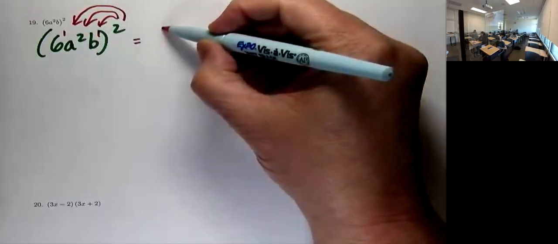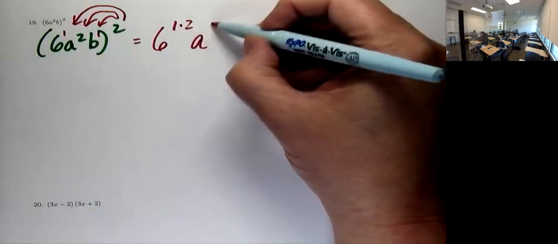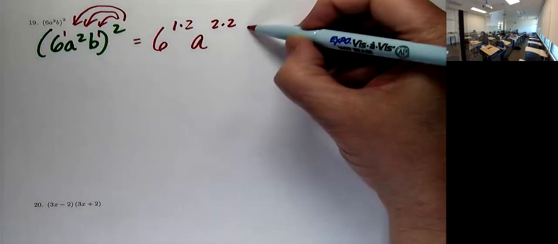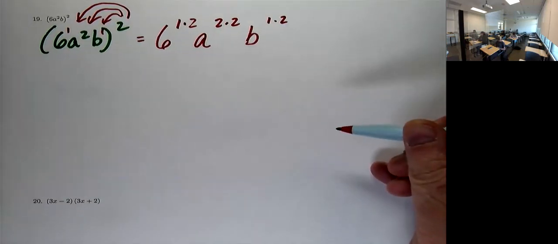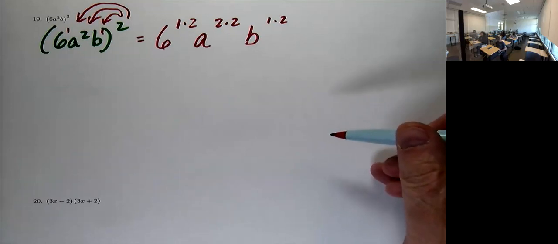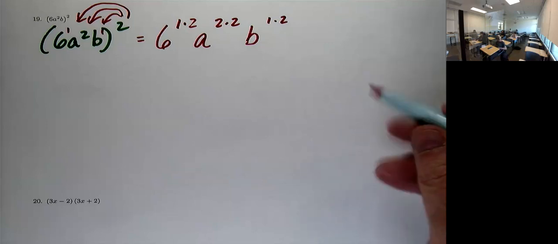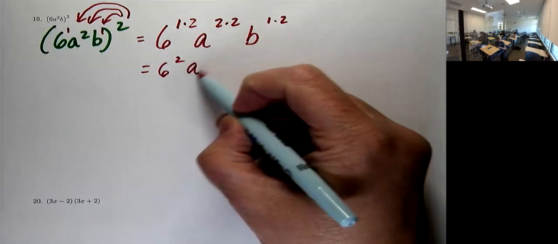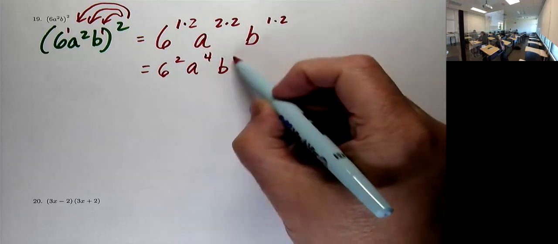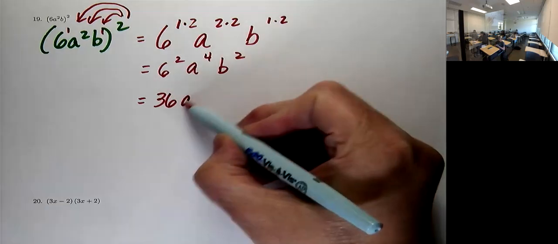So this is gonna turn into 6 to the 1 times 2, A to the 2 times 2, B to the 1 times 2. So this is 6 squared, A to the 4th power and B to the 2nd power. And 6 squared is 36.